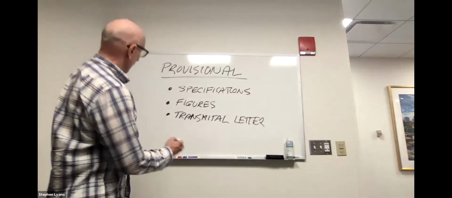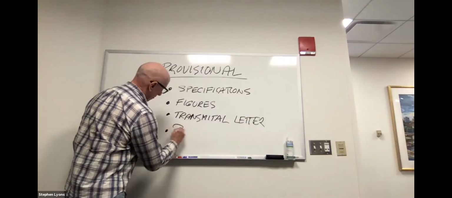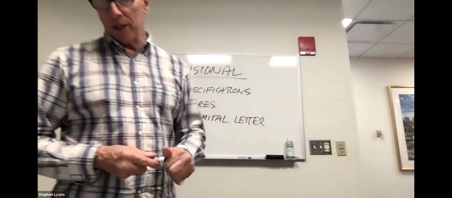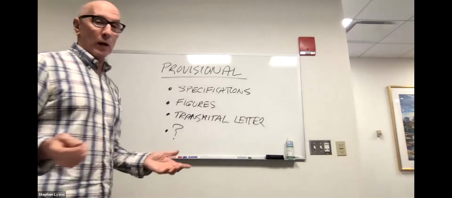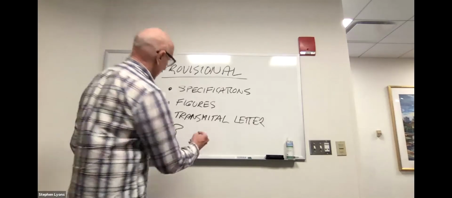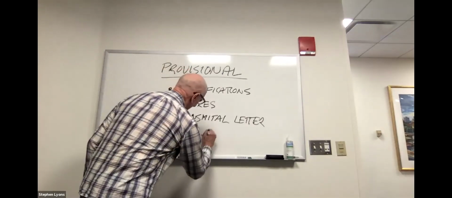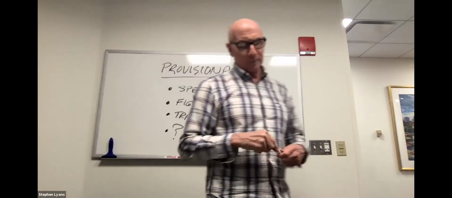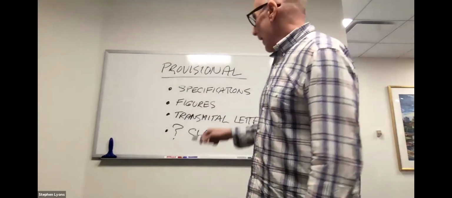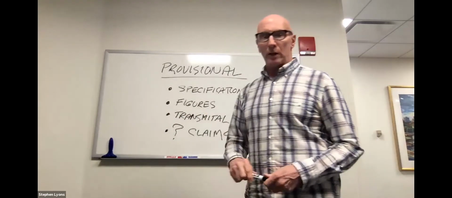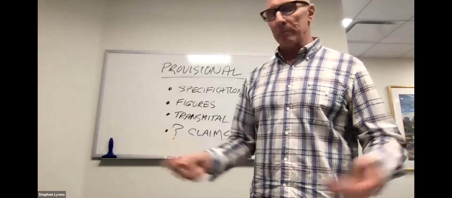Now, the last thing that a provisional patent application requires or doesn't require, depending upon who you're talking to, is claims. That's why I put a question mark there. A provisional patent application by the statute does not require a claim section. And what is a claim section?